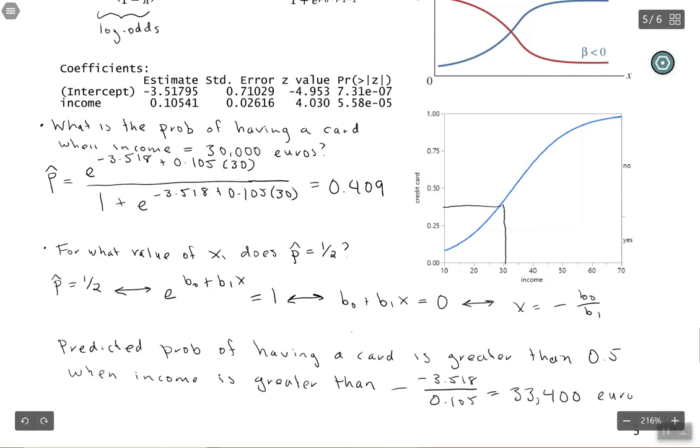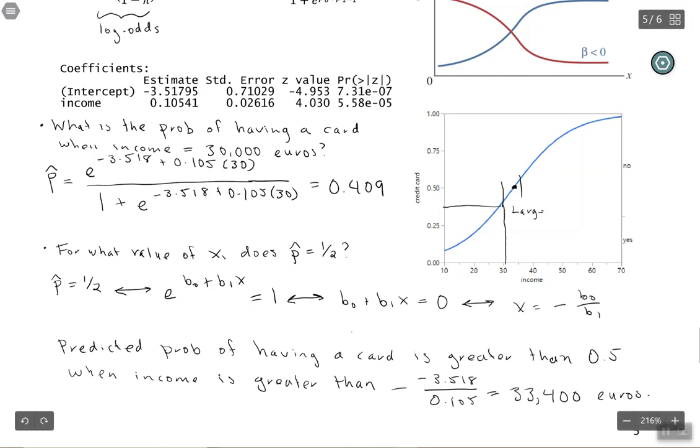33,400 euros. One other thing you might notice on this graph is that 0.5 also is at the inflection point of the graph. So this is the point where the slope of the line is steepest. So in comparison to a linear model where you have this constant rate of change, here we have a really fast rate of change from, say, 30 to 35, right?